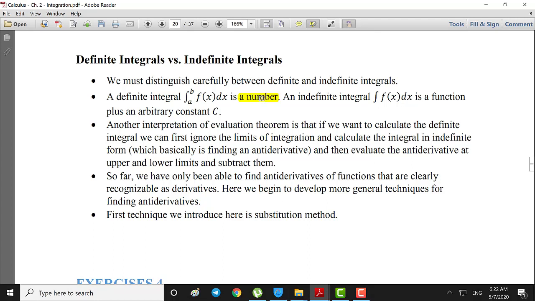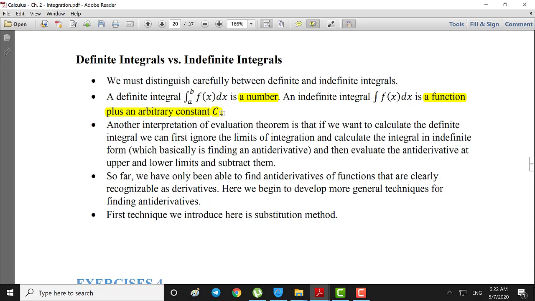But for the indefinite integrals for which the limits of integration were not clear, the result of the integration was a function plus an arbitrary constant c, right?